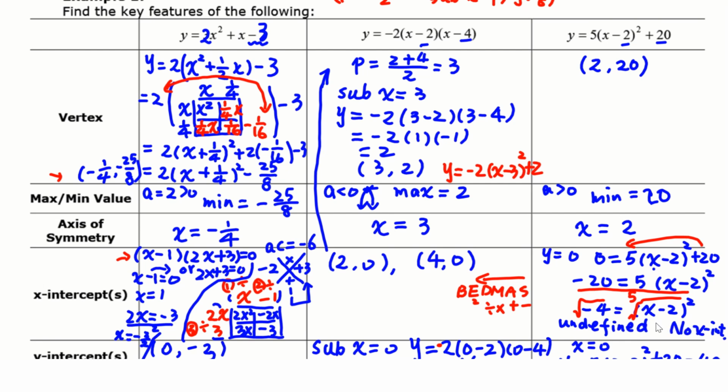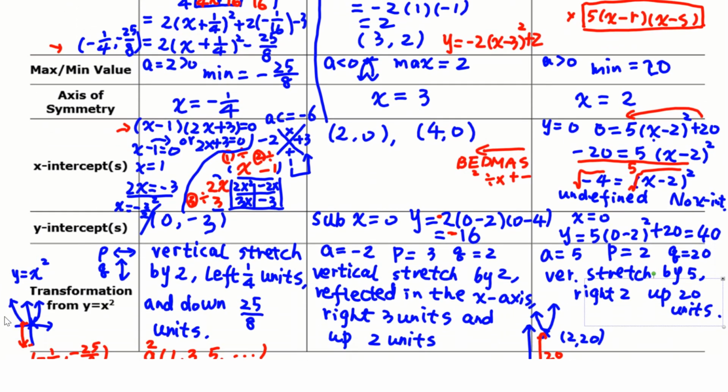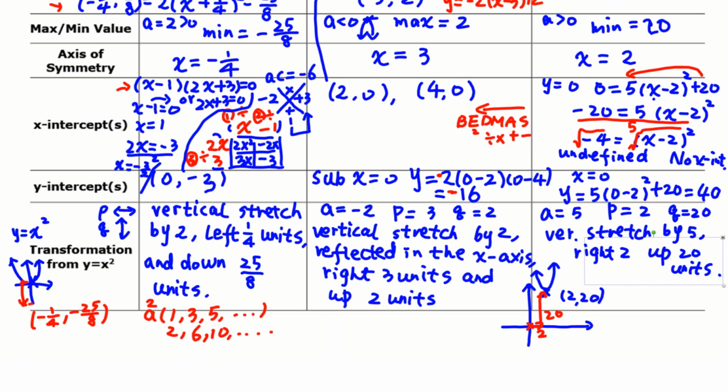If you have the two zeros, you could write it as 5(x minus r)(x minus s), a factor form, but this one has no zeros, so no r and s, so we are not able to factor it. No factor form for this one. So that is for converting from one form to another.